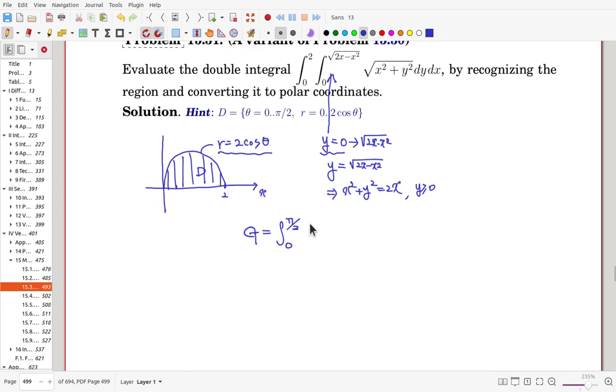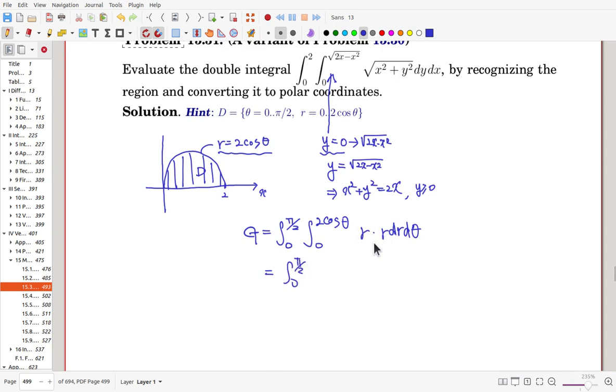For each angle, bottom r is 0, top r is 2 cosine theta. The integrand gives r, and dA must be r dr d theta.